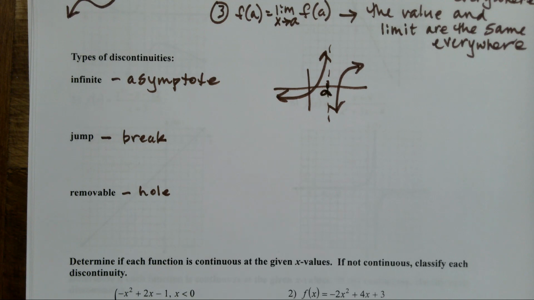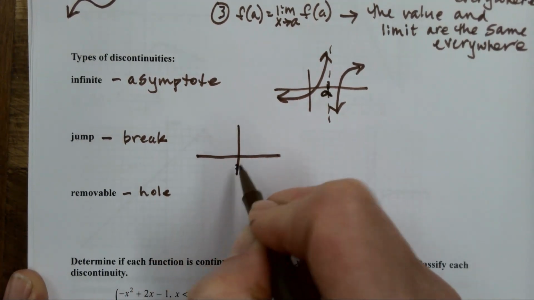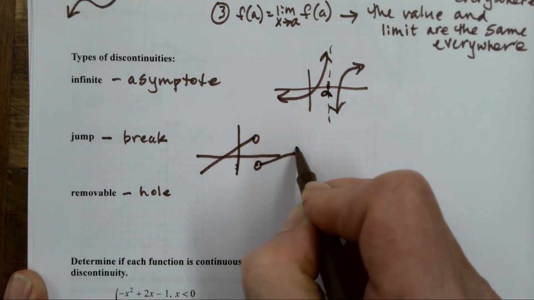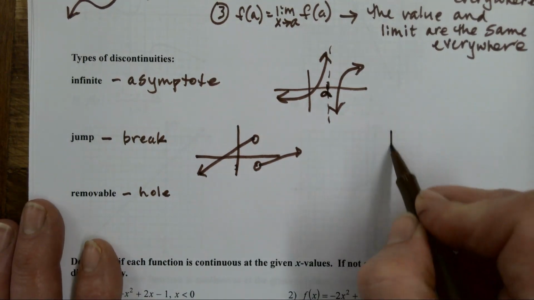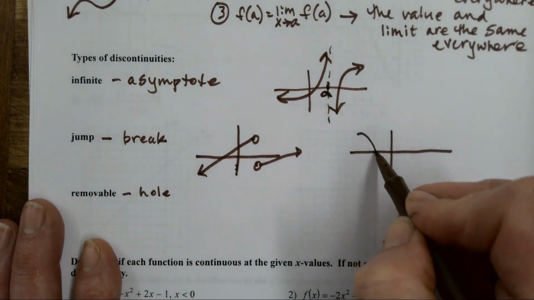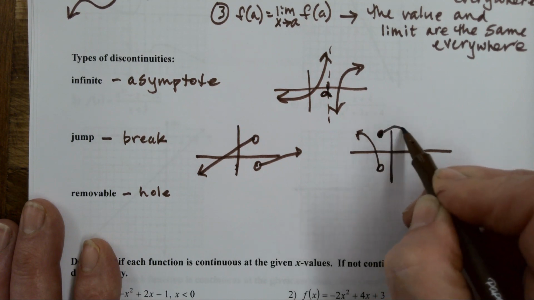Okay? Here's a break, or a jump. And I have two types of breaks and jumps that I'm going to see. One where at the break I don't have a value at all. And one where at the break I do.